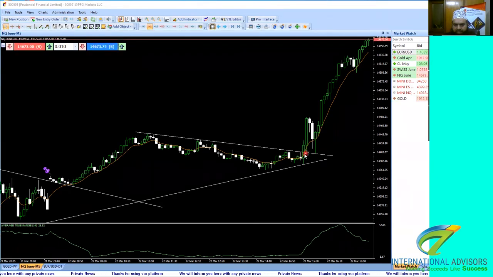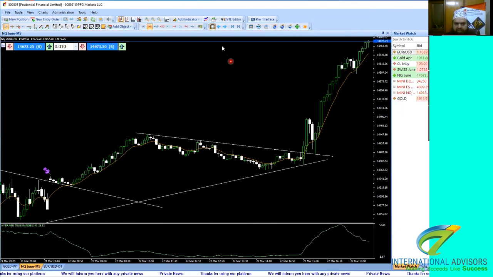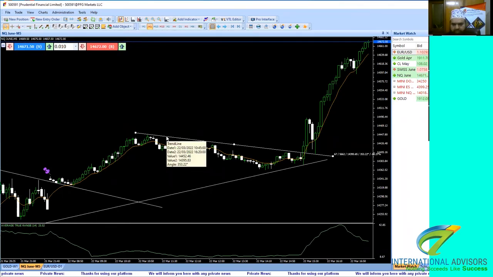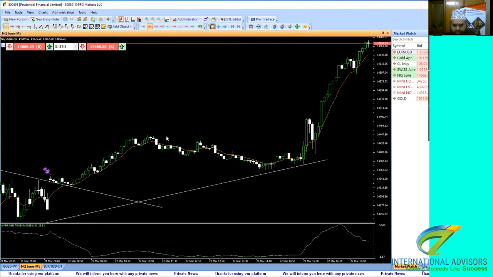Then the market starts moving up. We draw this line based upon these 2 points, right? For example, let me draw it again. All right.